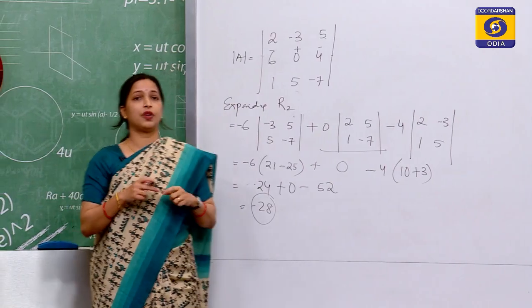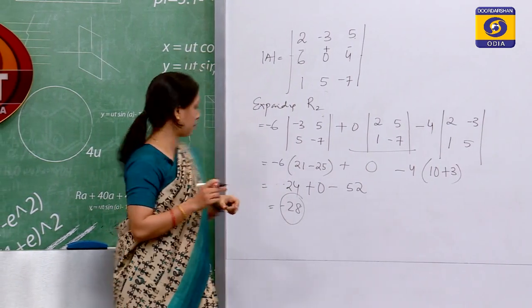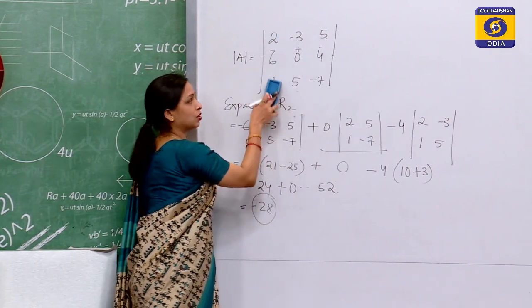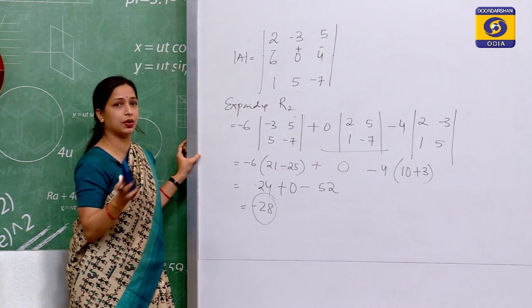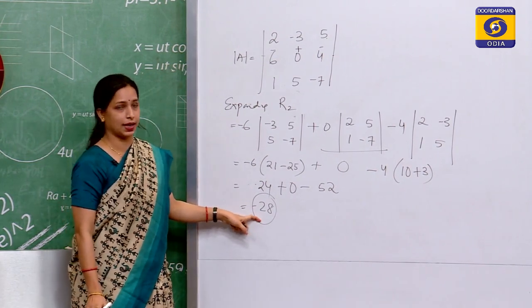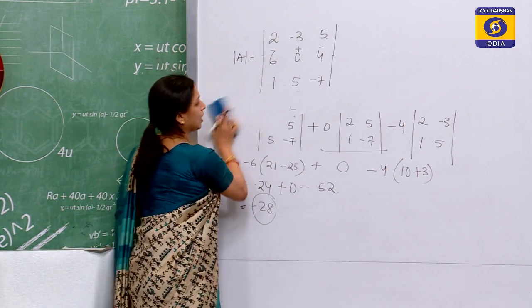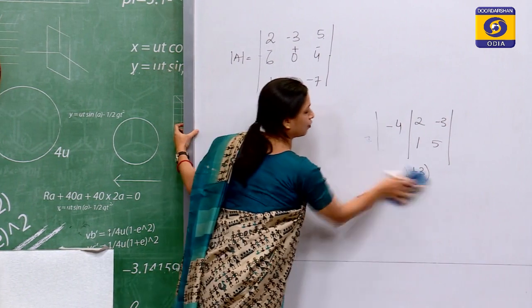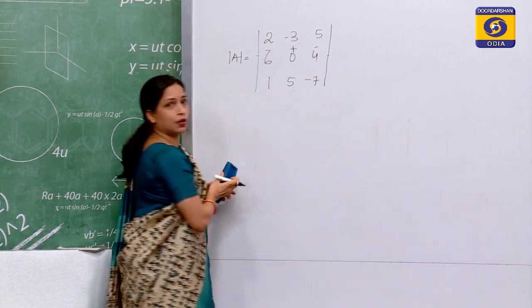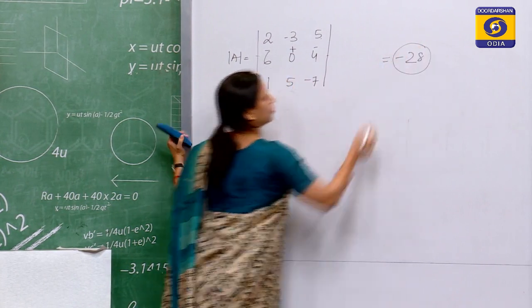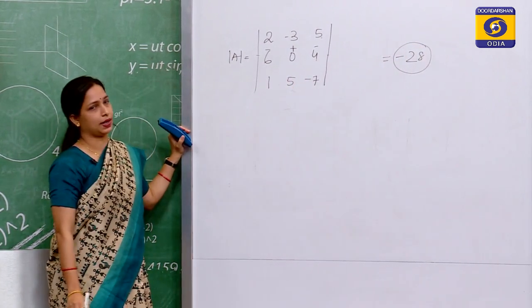Now, if we use the property, it says that if we interchange the rows into columns or the columns into rows, the value will remain unchanged. Now, you remember the determinant value has come to minus 28. So, now let us interchange the rows into columns. For your understanding, I will write down the determinant value over here, so that we remember it is minus 28.